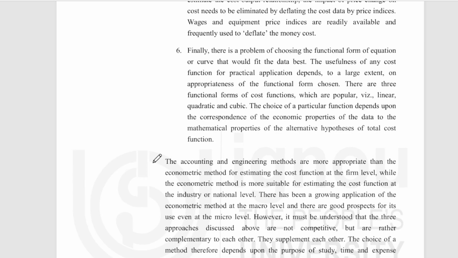And therefore, there has been a growing application of the econometric method at the macro level, and there are good prospects for its use even at the micro level. However, it must be understood that the three approaches discussed above are not competitive but are rather complementary to each other. They supplement each other, and the choice of a method therefore depends upon the purpose of study, time, and expense considerations.